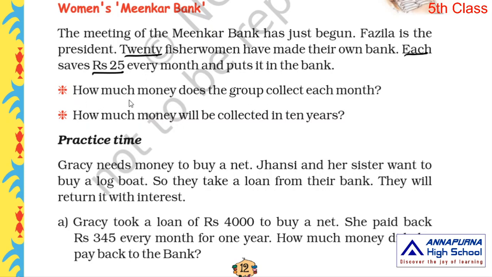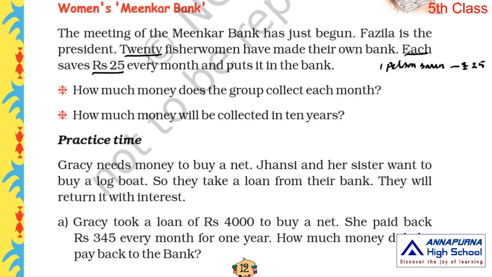Here the question is, how much money does the group collect each month? As we know, there are 20 fishermen, and each saves 25 rupees. One person saves 25 rupees.